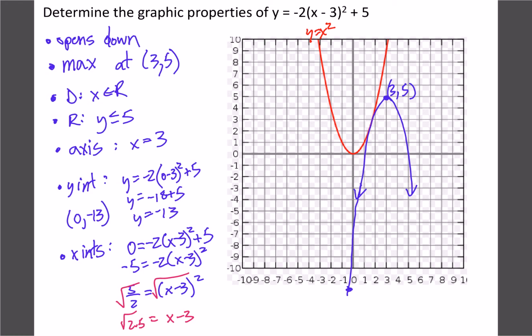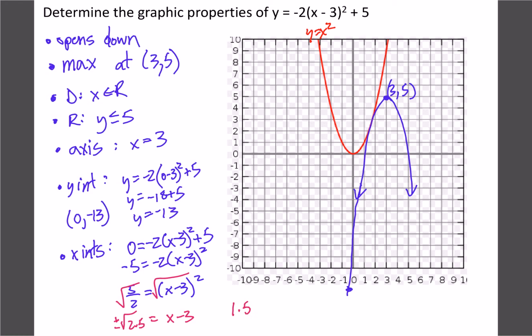But we've got to remember, when we square root a number, we actually get a positive or a negative. They'll both work. So on your calculator, if you go square root of 2.5, you get 1.58, but remember we should have plus and minus.